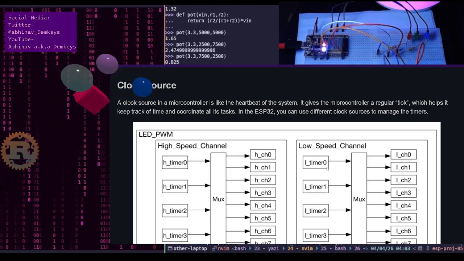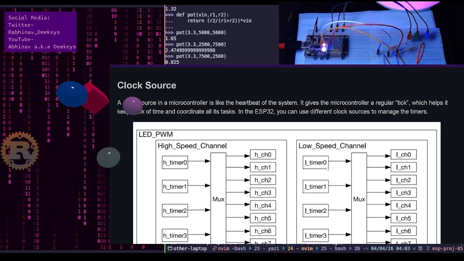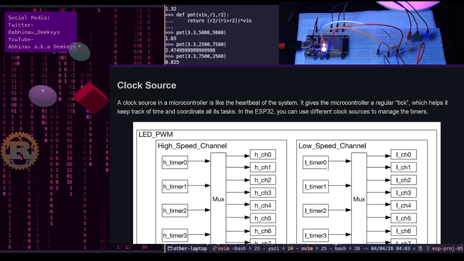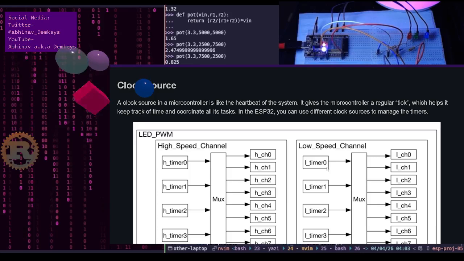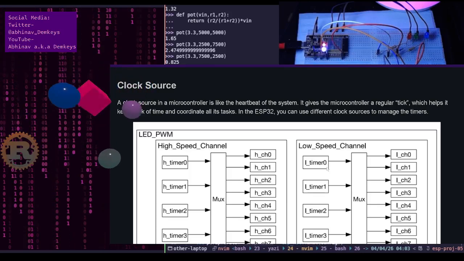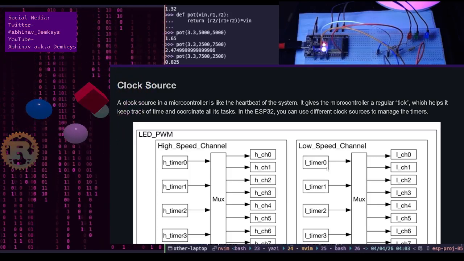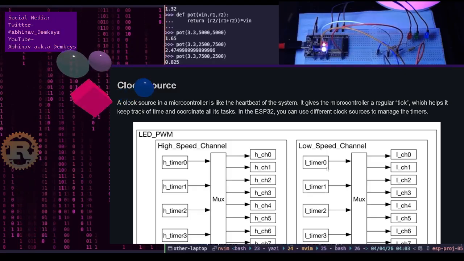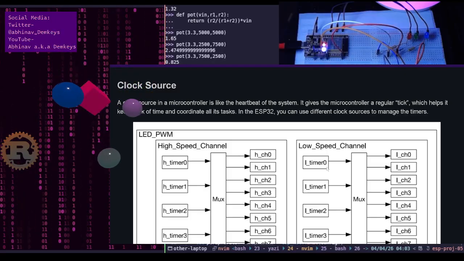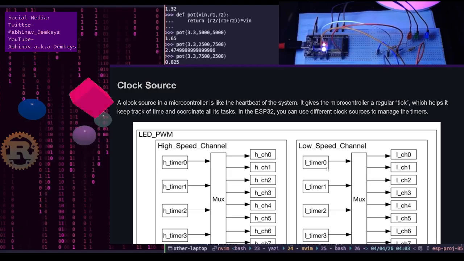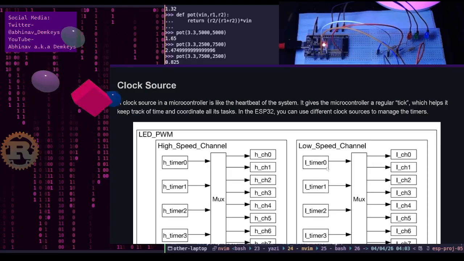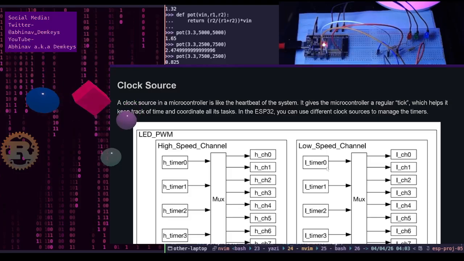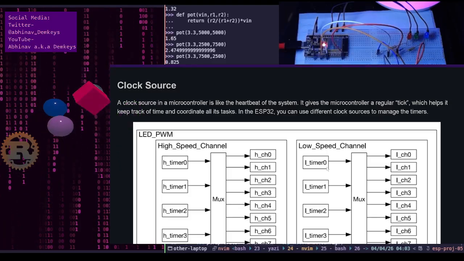So far, we have encountered the concept of a clock in terms of practically doing something with it, in PWM. I know for sure clocks come up in some of the protocols later on, in some of the communication related stuff. So I want to see if this applies there as well, or if they're different clocks.